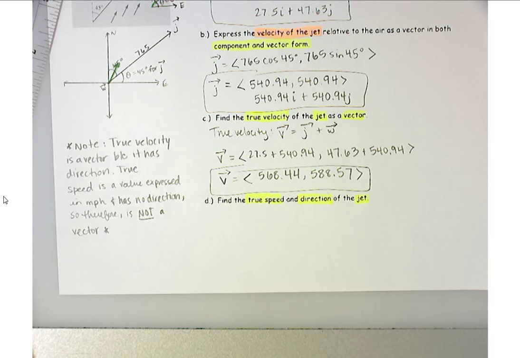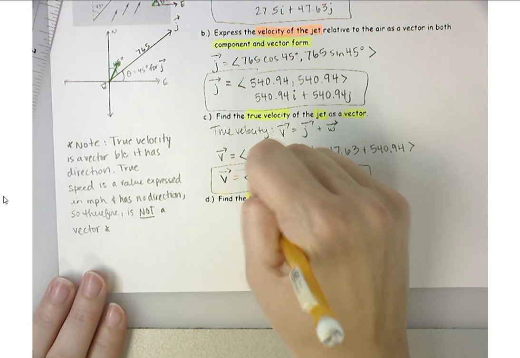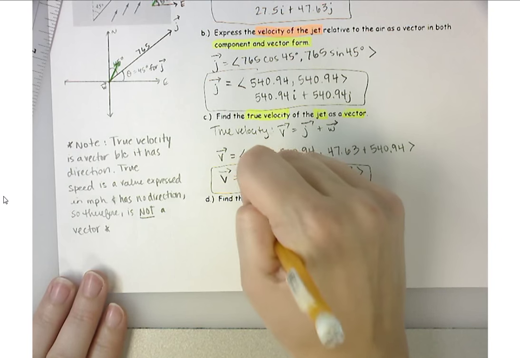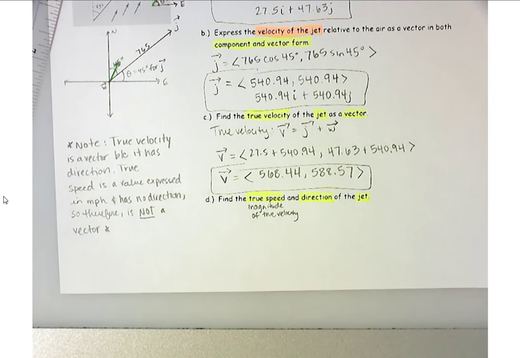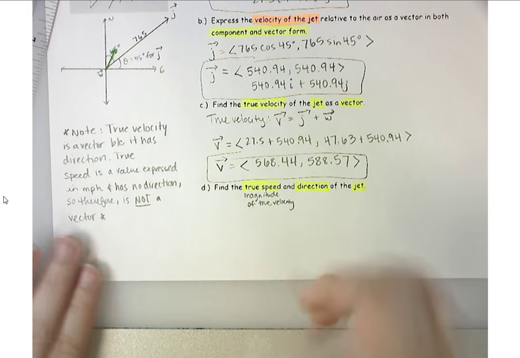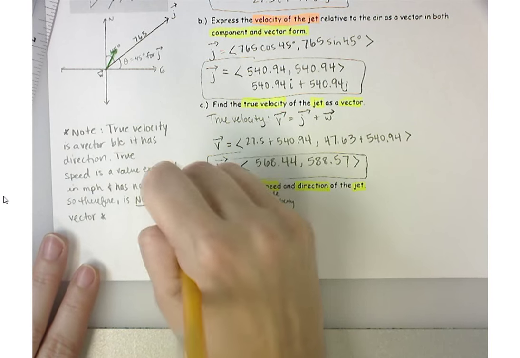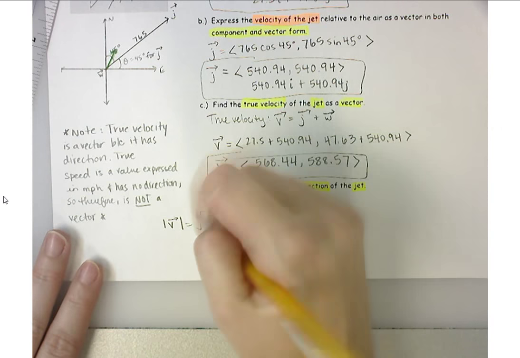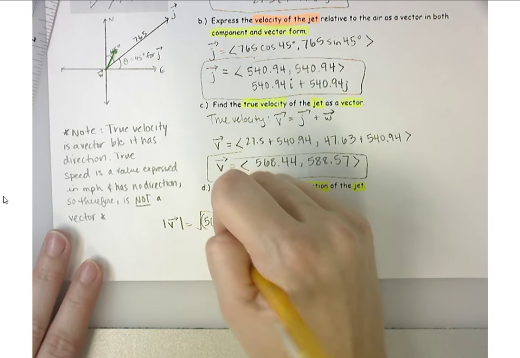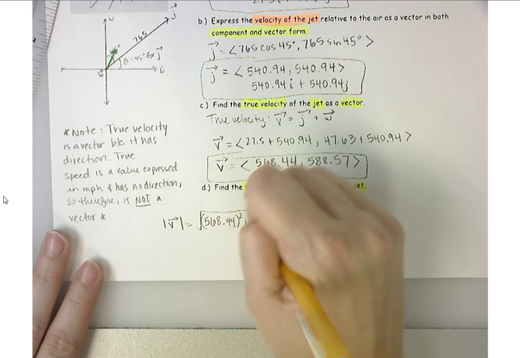Now it says to find the true speed. So remember, the true speed is the magnitude of the true velocity. Okay, so if I'm going to find the magnitude, then we're going to find the magnitude of the vector that I found in part C. So 568.44 squared plus 588.57 squared.